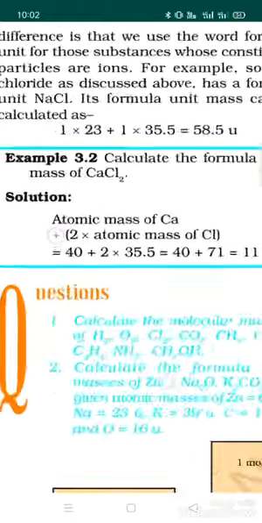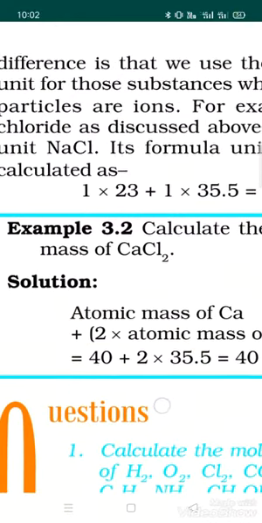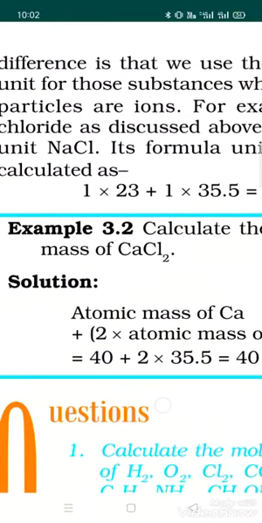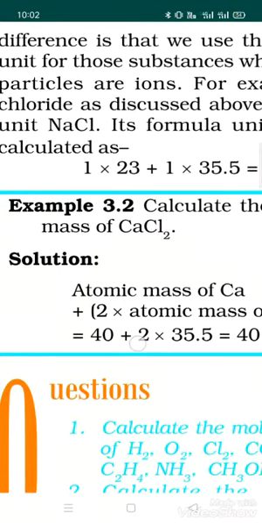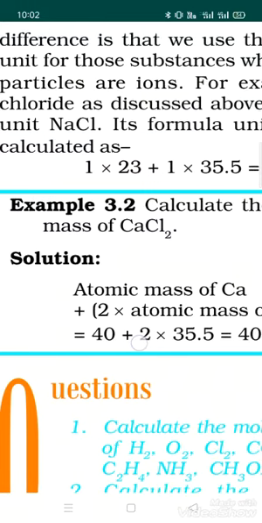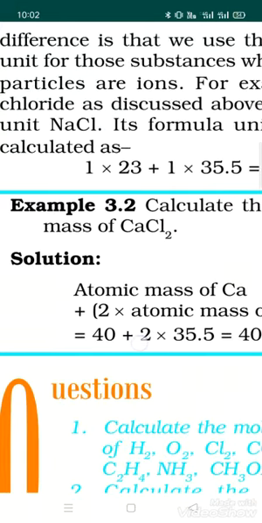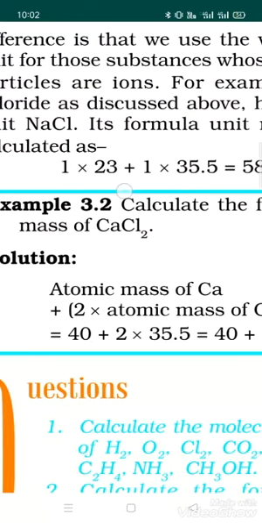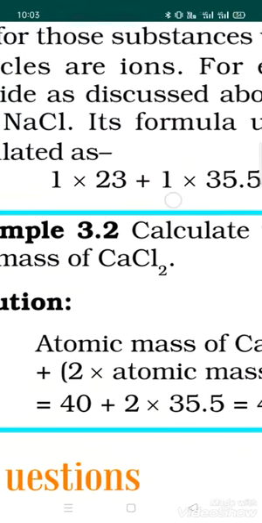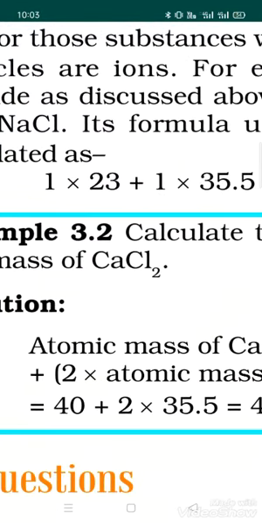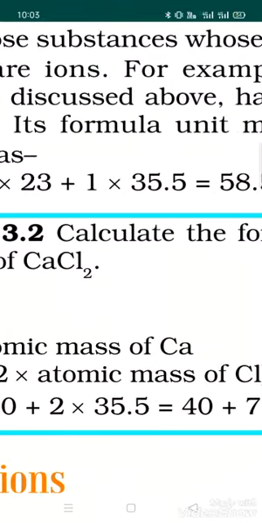So here you can see NaCl is the substance. We can calculate the formula unit mass for NaCl. So the number of sodium atoms is 1, multiplied with the atomic mass of sodium, this is 23, plus the number of chlorine atoms, this is 1, multiplied with the atomic mass of chlorine, this is 35.5.